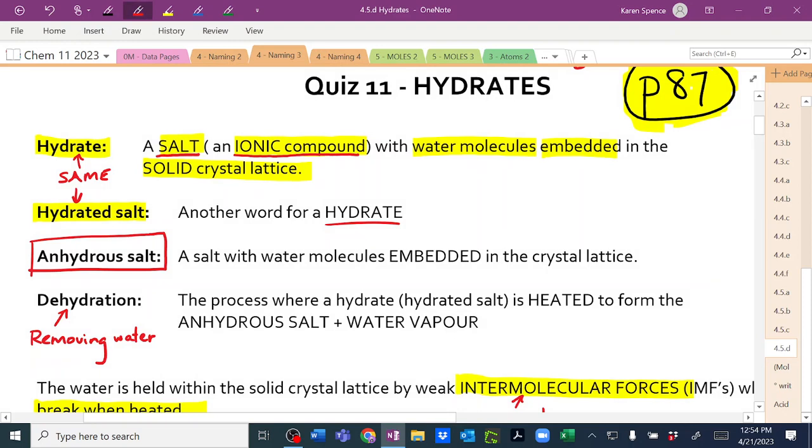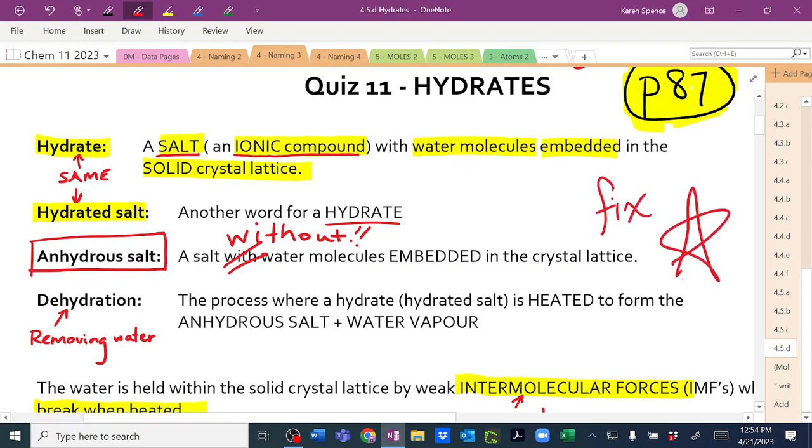It should say a salt without the water molecules embedded in the crystal. Put a star on that and say fix it, because that's not even a typo, that's just a huge error. Okay, so this is the anhydrous salt. There's no water inside it. Okay, with the water inside it, it's either called the hydrated salt or just the hydrate.